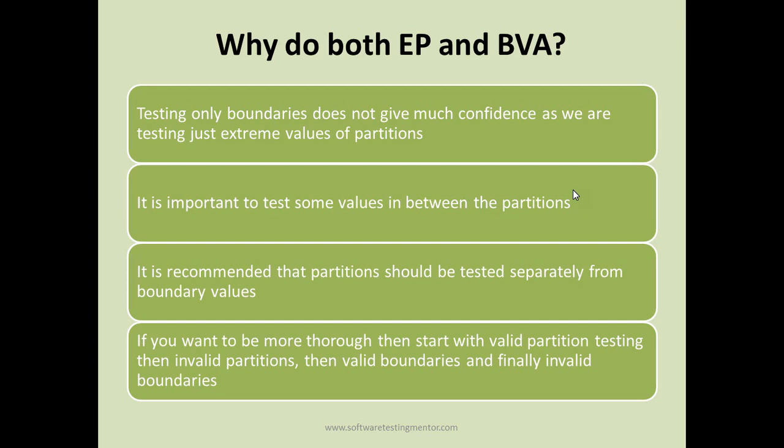So that is why both equivalence partitioning and boundary values are very important. They are done together. It is important to test some values in between the partitions as well, so it's not only testing extreme values, but also some values within the partitions. It is recommended that partitions should be tested separately from boundary values.